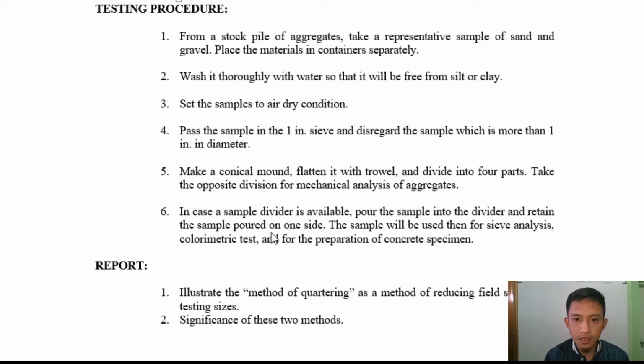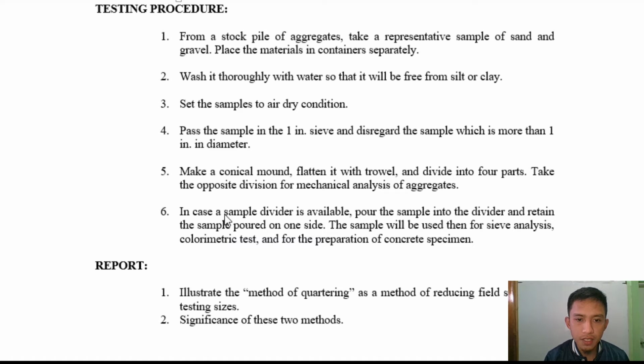So in this laboratory work, try to watch the video, what I did on the video, and based on that, try to come up with your report. First is to illustrate the method of quartering. That is the manual method of reducing field sample to testing sizes. The second significance is of these 2 methods.